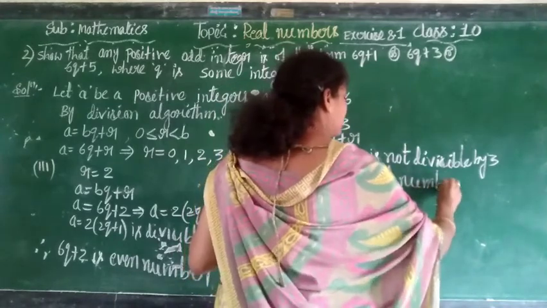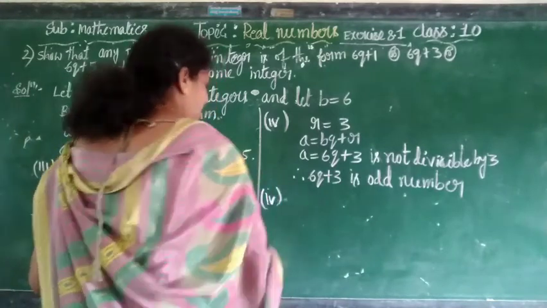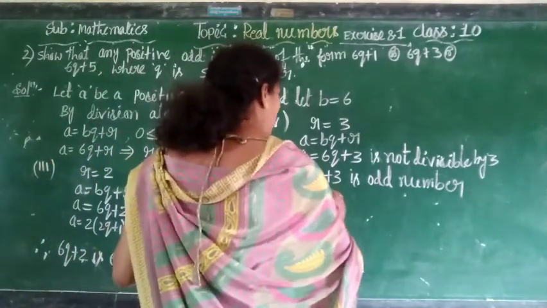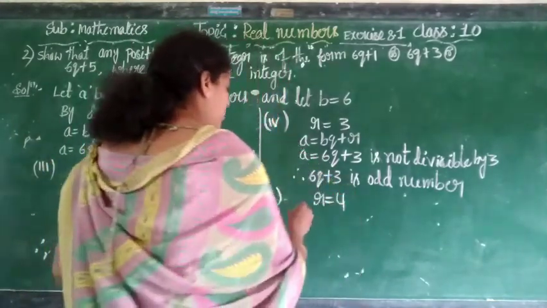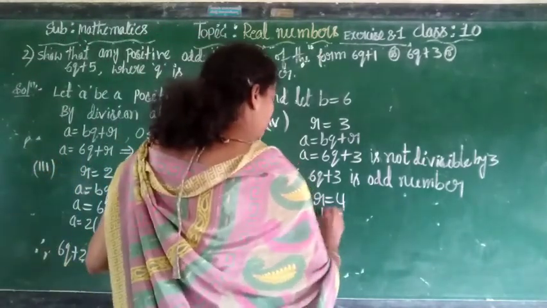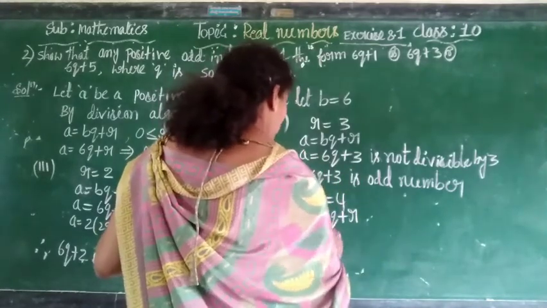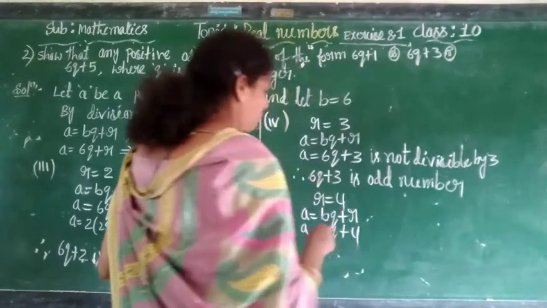Then the next condition, if r is equal to 4, a is equal to bq plus r, a is equal to 6q plus 4.